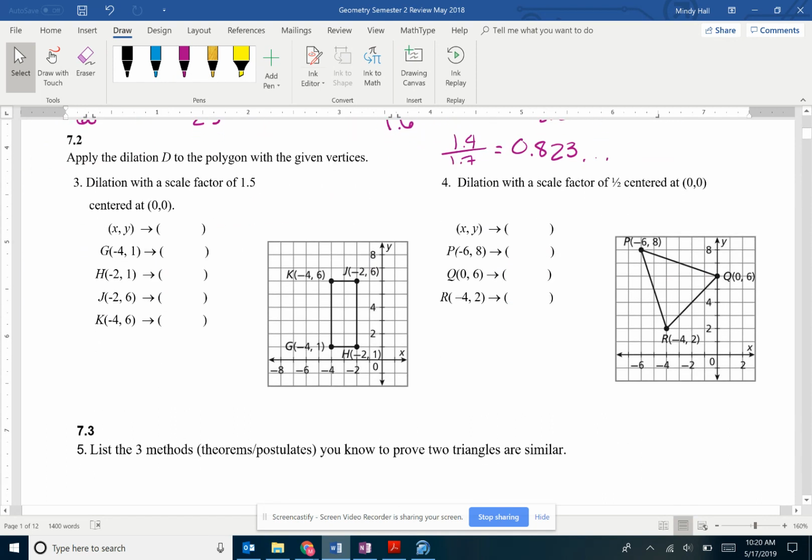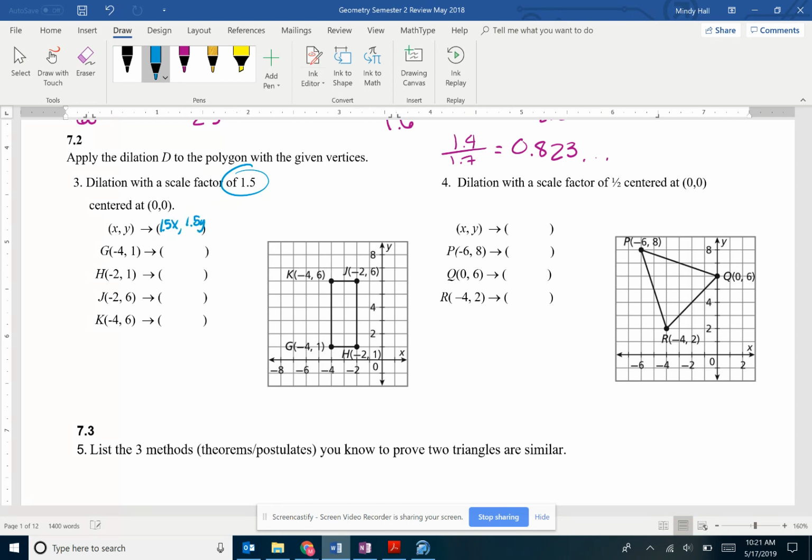For 7.2, we are just dilating these. Remember, with dilation, all you are doing is multiplying your values by your scale factor. Since my scale factor is 1.5, my dilation would be 1.5x, 1.5y.